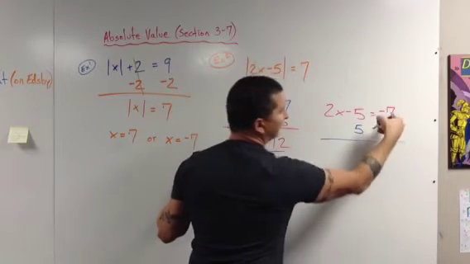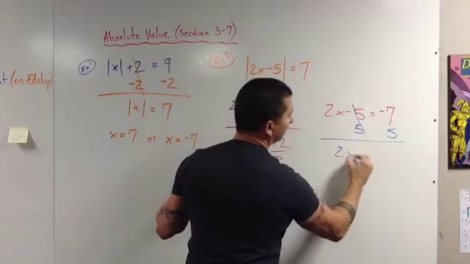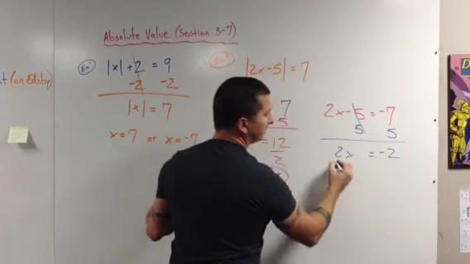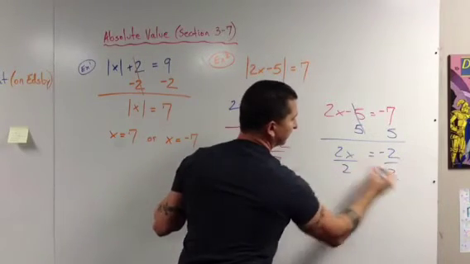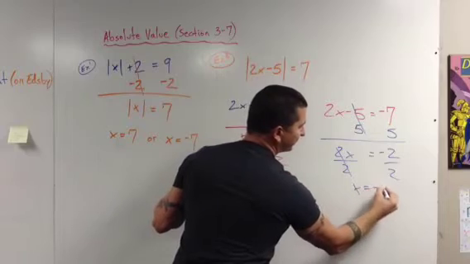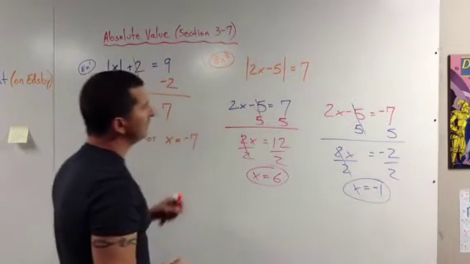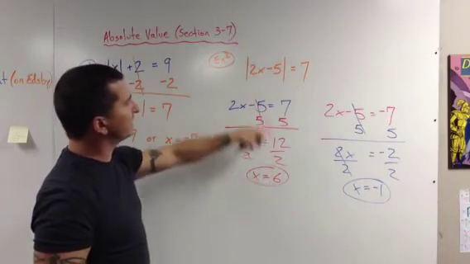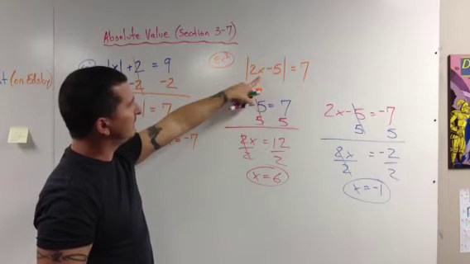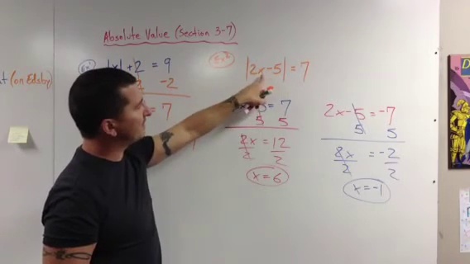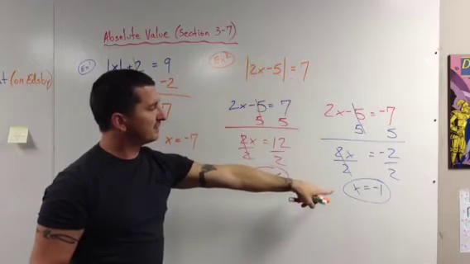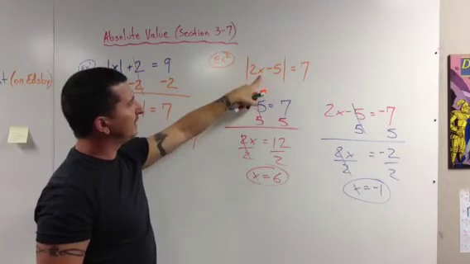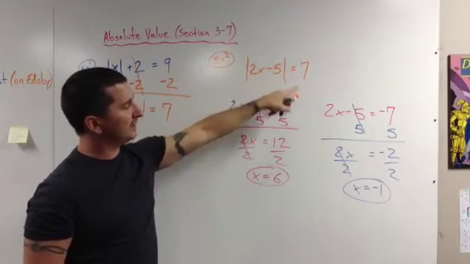This time we're adding 5 to -7, which gives us -2. And we get x equals -1. So if we substitute in a 6 for x here, we would get the absolute value of 7 equals 7. If we substitute in a -1 here, we would get the absolute value of -7 equals 7.